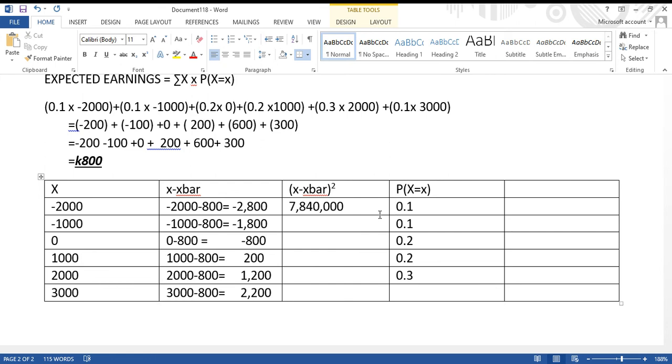That's when it will give her a positive value. Please, madam, do that because we don't want you to put a negative here in the exam. You'll be marked wrong. All right, negative 1,800 squared.